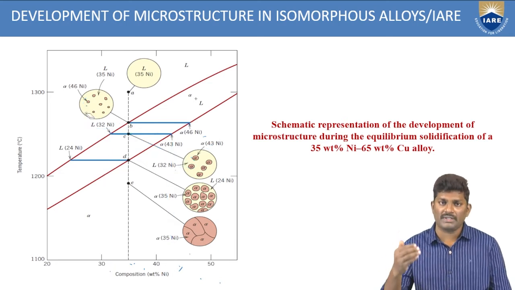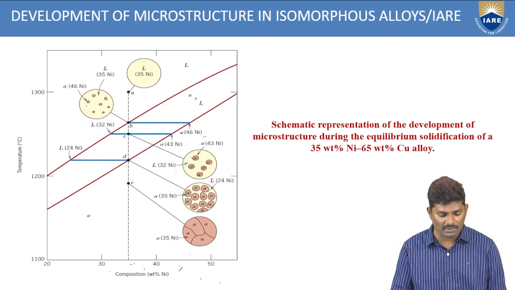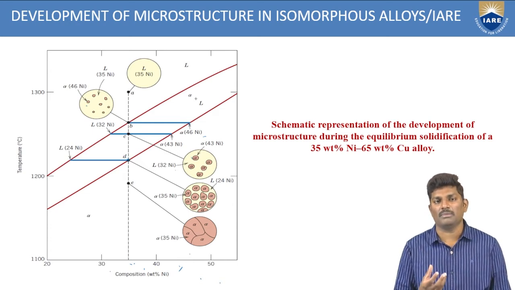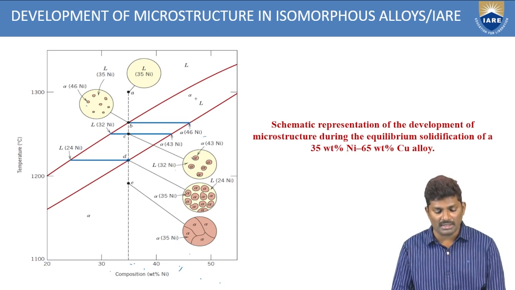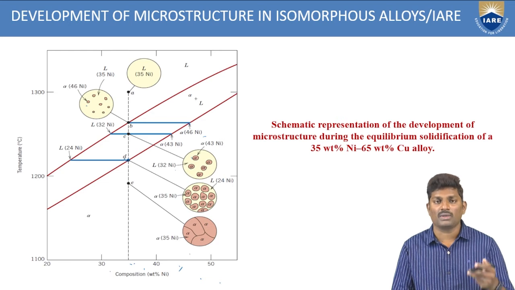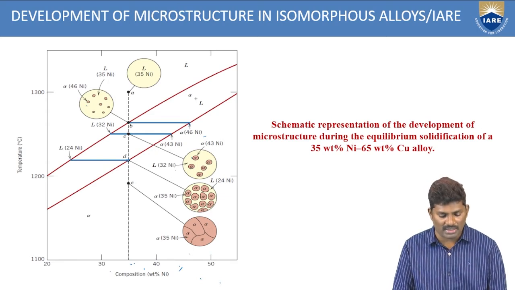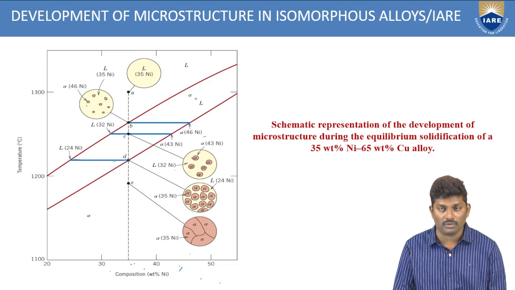Now if you still reduce the temperature, what is the other point? We have the point D. This point D is also lying in between the two phases. So again a tie line has to be drawn. Totally, at these points B, C, D, we have drawn 3 tie lines, and based upon these 3 tie lines we are trying to extract the compositions. Now from point D you draw a tie line between the two phases.